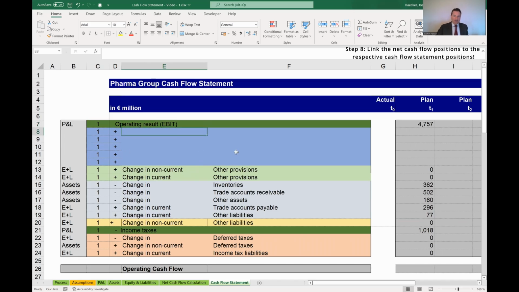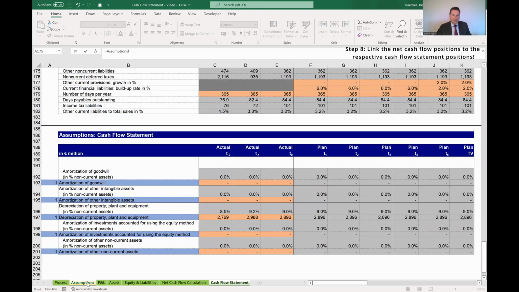So where do I get the depreciation amortization from? Well, I planned it in my assumption sheet. Amortization of goodwill, amortization of intangible assets, depreciation on property, investments, and non-current assets.